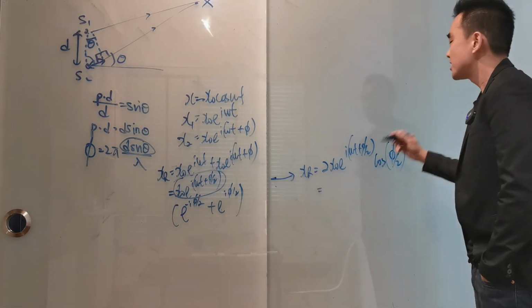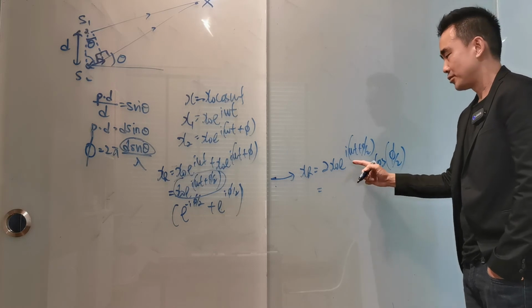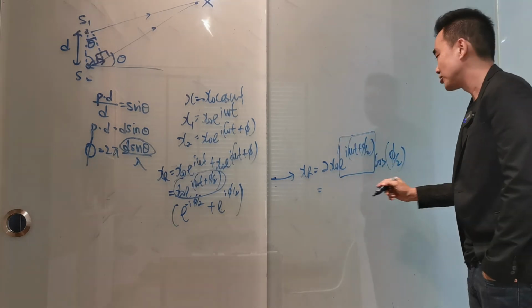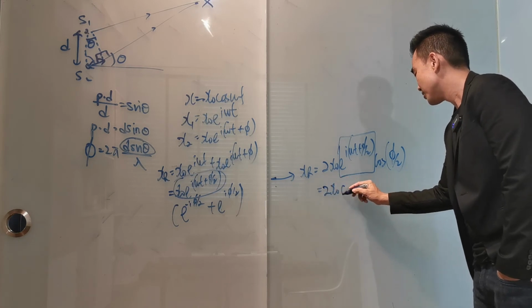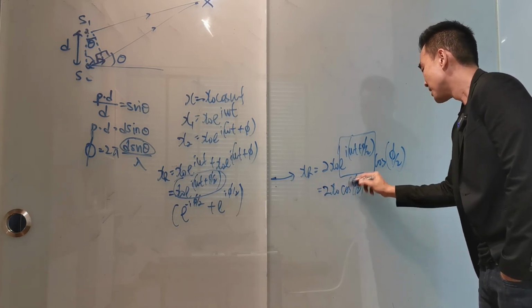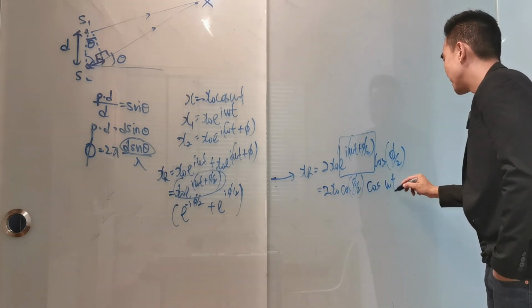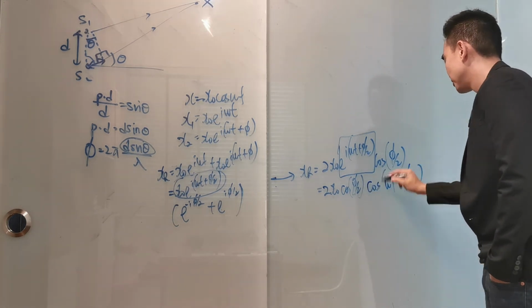If you were to convert it back, this is the cosine function, which is 2x naught cosine phi upon 2, and this part brought towards the left will be cosine omega t plus phi upon 2.